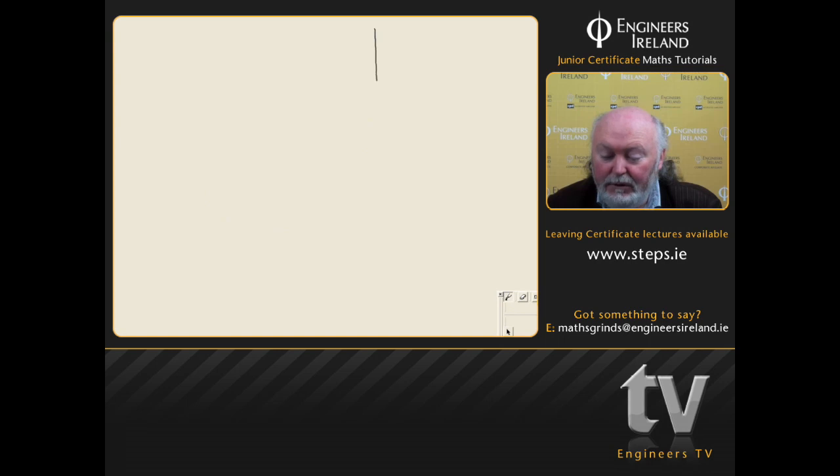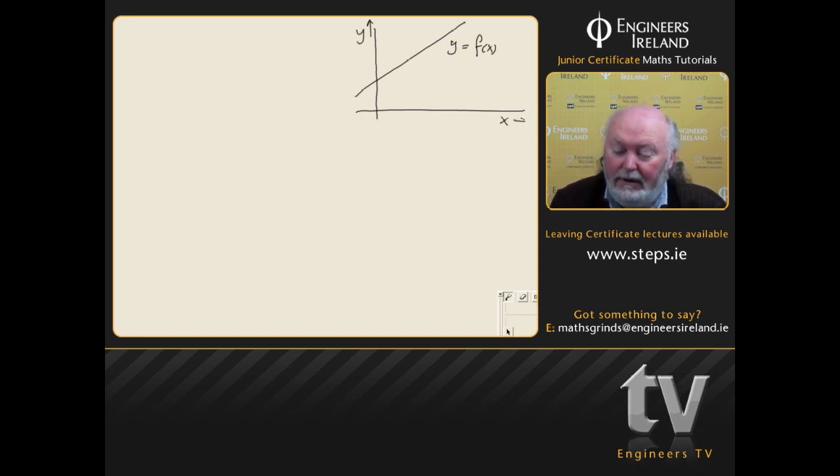The simplest type of function that we deal with is the one that you will be blue in the face looking at. It's the straight line, and we will say that y is this function of x, and y will get plotted along here, and x gets plotted along here.